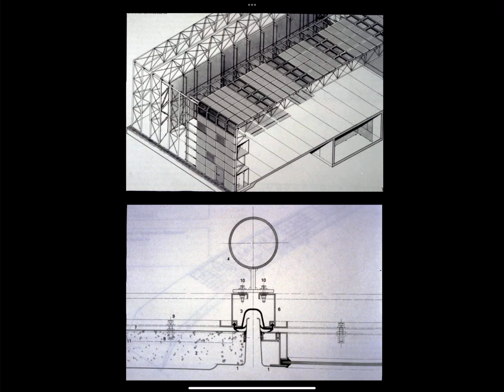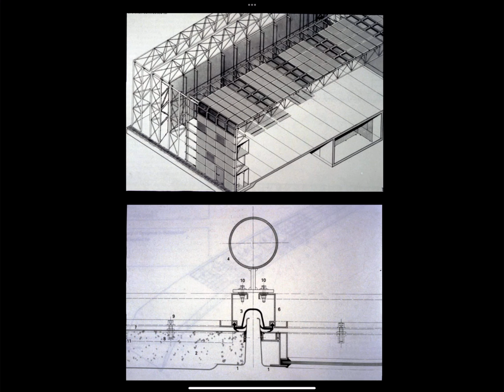The bottom image here then is a detail of the cladding panels and how the joint system works. So the circle in this drawing is one of the legs of the triangular steel columns, and then there is a steel subframe or secondary framing which carries the cladding panels.